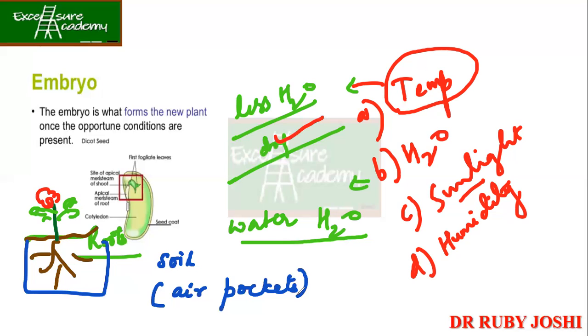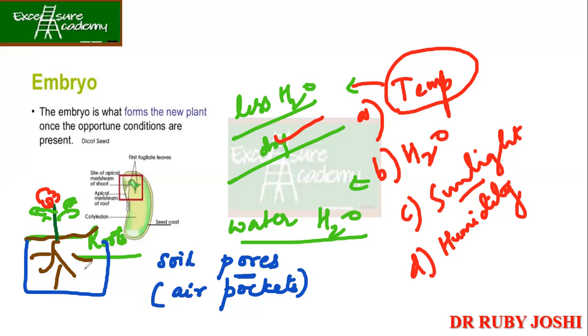Do you understand air pockets? The soil is not like clay. You can see that there are so many holes in the soil. Pores are present. The correct word to use is pores. These pores are required so that the air and oxygen can reach the roots.